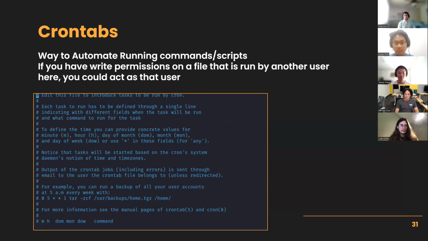Also, if the cron tab path isn't set for a certain script, you could potentially overwrite this script with your own malicious script to get execution as well. Like Marshall was saying, pspy is a good way to find these cron tabs and what's running on the system as well.